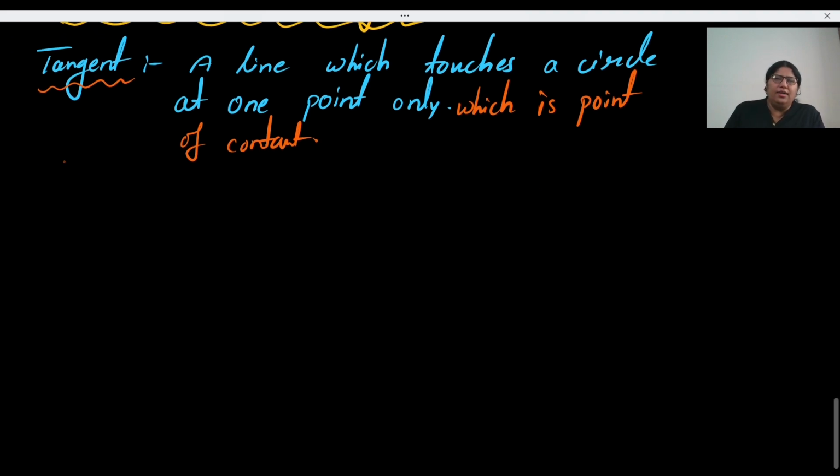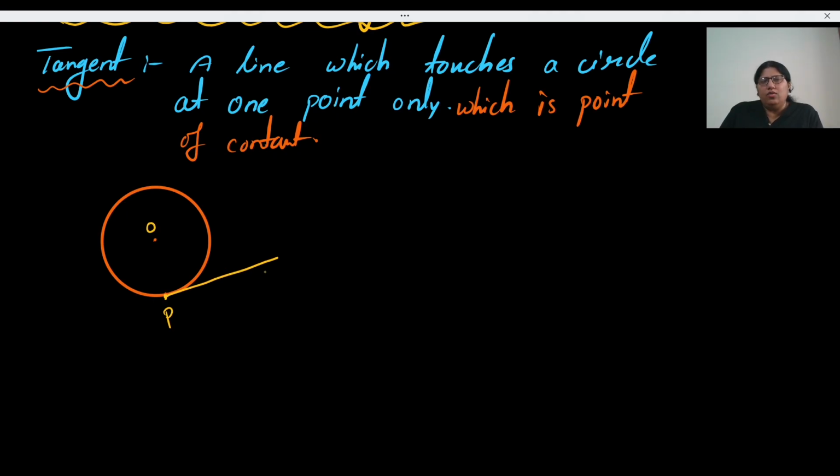So let me draw here. If I'm taking a circle, and any line, because it is going to touch the circle at one point. If P is a point and this is the center, you can see that OQ is a line or a ray.